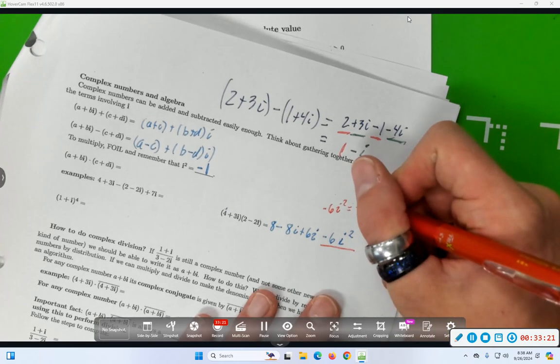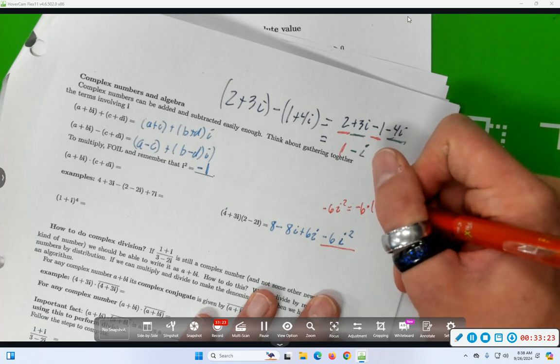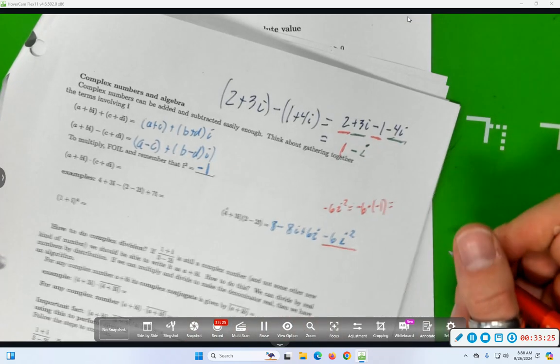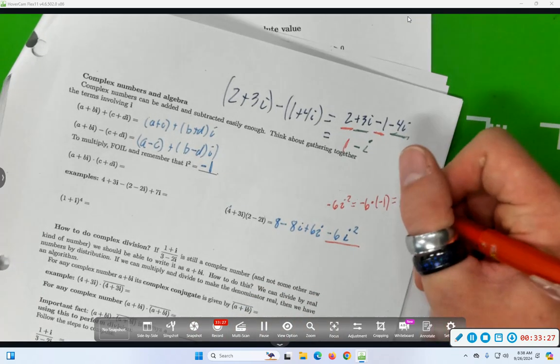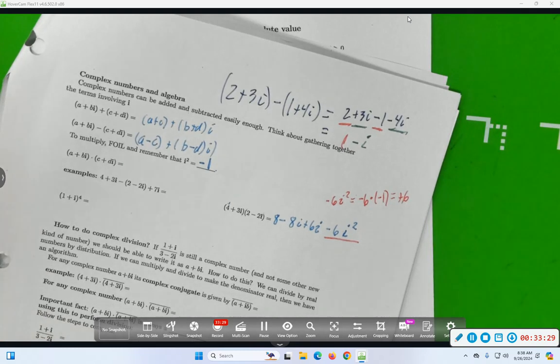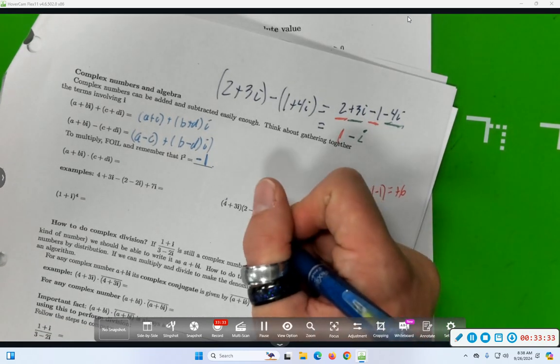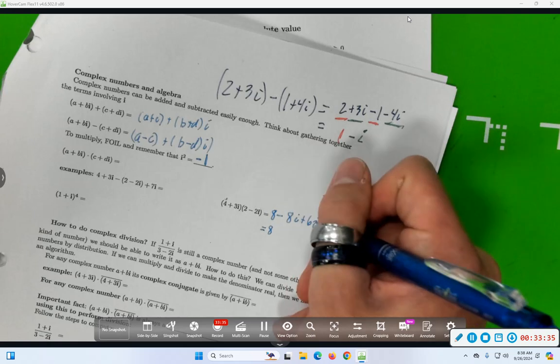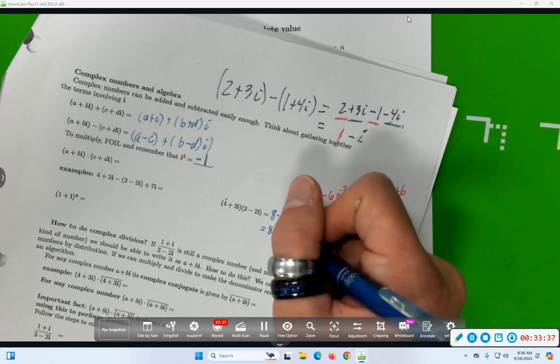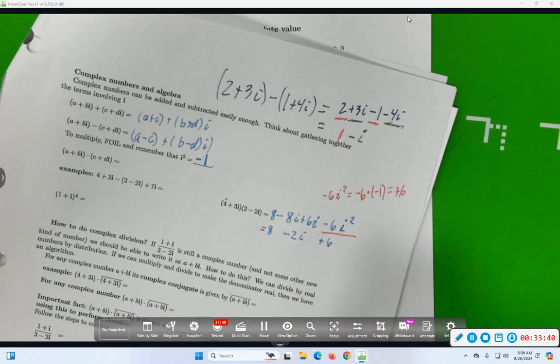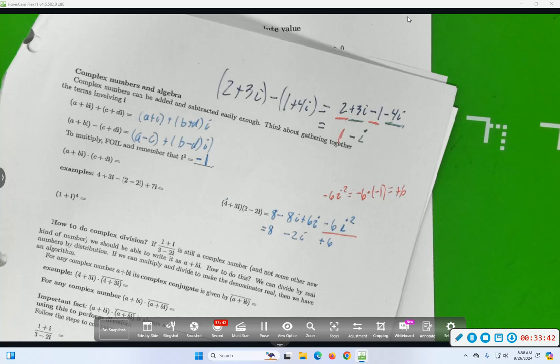So that's negative 6 times negative 1. What's negative 6 times negative 1? Plus 6. All right. So all of this, that's minus 6i squared, is plus 6. So this is 8. May as well combine these two terms together. Minus 8i plus 6i is negative 2i, plus 6. Any more simplifying to be done now?